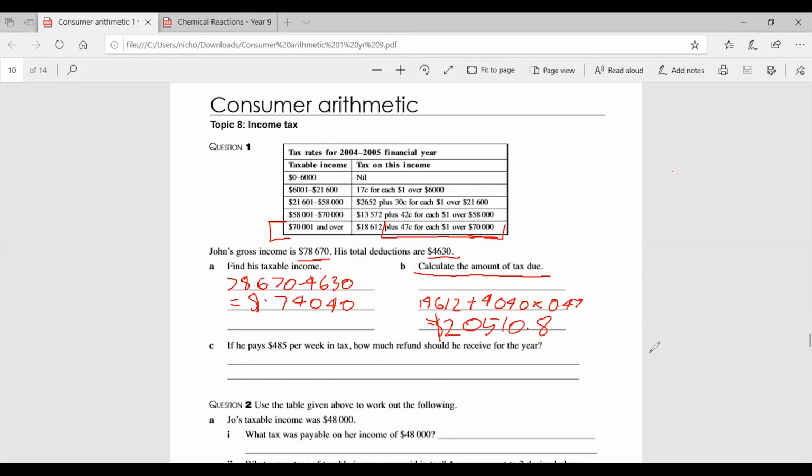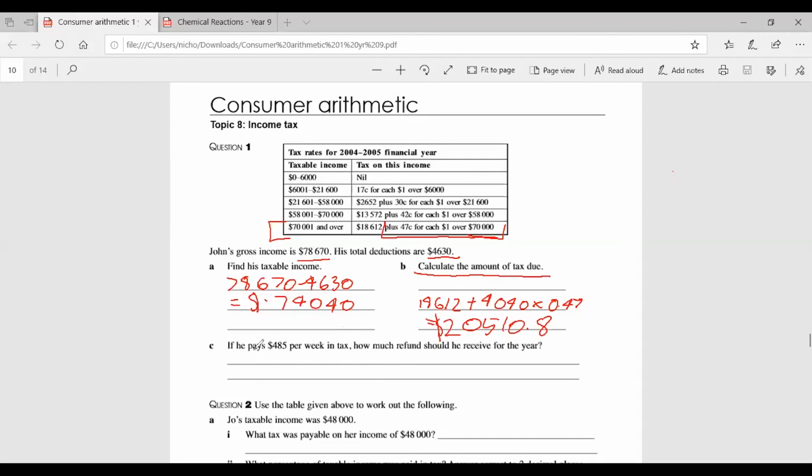Then at the end of the year, the extra money he paid in tax, he gets back because he didn't have to pay that money in tax. The government gives it back to him at the end of the year when they know how much more he's paid. That's called a tax refund. He just gets a big lump sum of money that he paid extra.